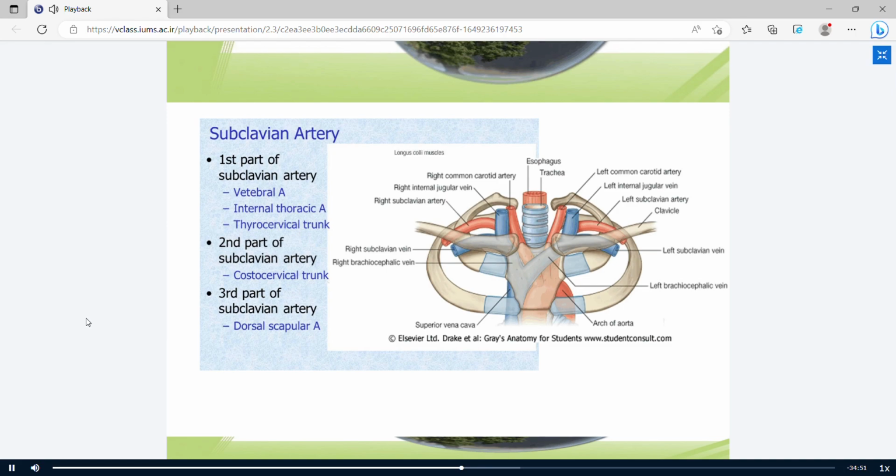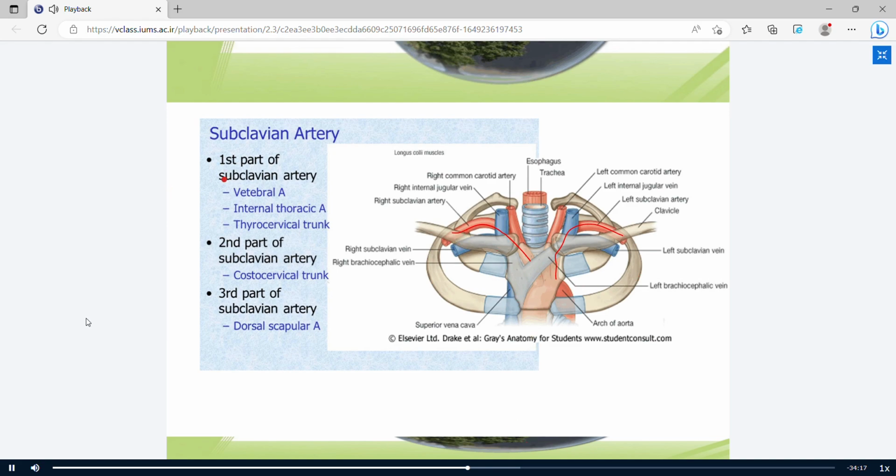Another structure located in the neck, and it's very, very important, is the subclavian artery. The subclavian artery is different on the left and right sides, because the left subclavian artery arises directly from the aortic arch, but the right subclavian artery arises from the brachiocephalic artery on the right side.